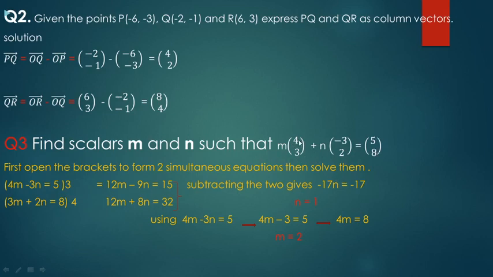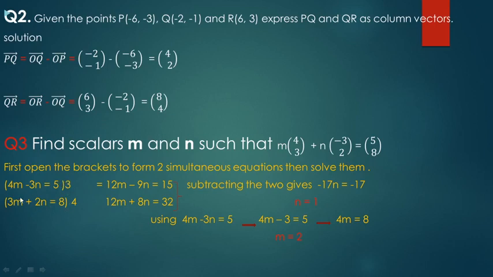On the upper, the x side, it will be 4m minus 3n, which is equal to 5. Then the next one is 3m plus 2n, which is equal to 8.